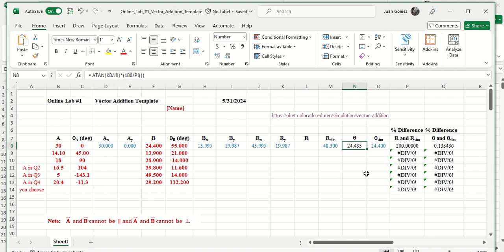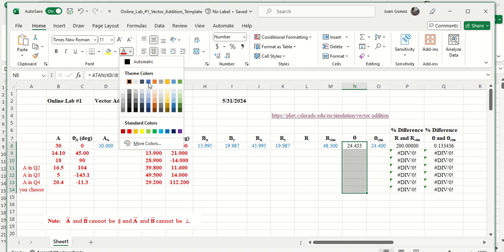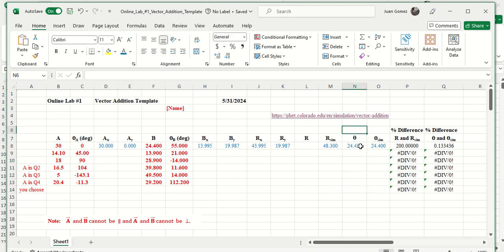So I enter that formula in for you. And let me make this column blue. There. Okay, now notice the percent difference between theta and theta sim automatically updated itself.